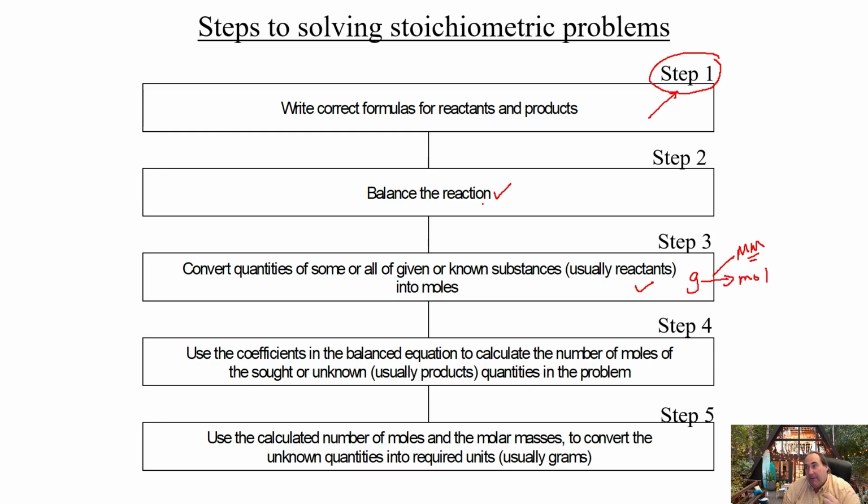Maybe you're in pounds, maybe kilograms, maybe something else. So you may need a couple of steps to get it to grams, but once you get it to grams, you then want to take it to moles. A lot of times it is given to you in grams, and then you take it from grams to moles, but it could be given to you in some other unit that you first need to convert to grams and then go to moles.